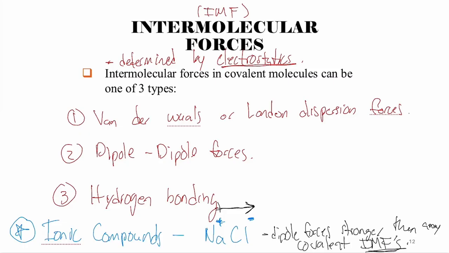Yeah, so basically, the short form is if you see an ionic compound and it asks you to rank the strength of the intermolecular forces, ionic compounds will always have the strongest intermolecular forces compared to covalent compounds. So what does that mean? You need to be able to identify if a compound is ionic or covalent, right? And so how do you know if it's ionic? Metal and a non-metal, right?